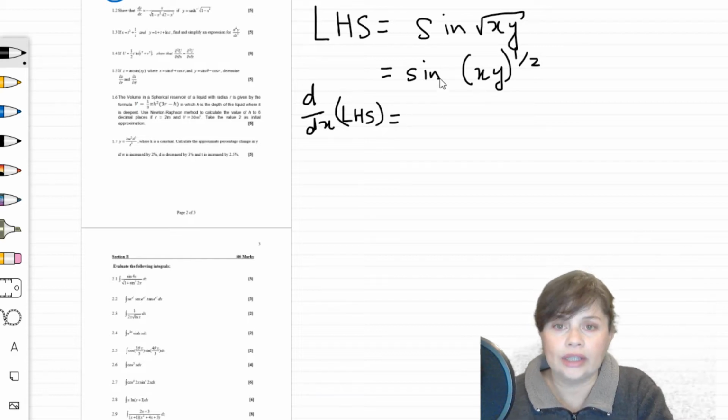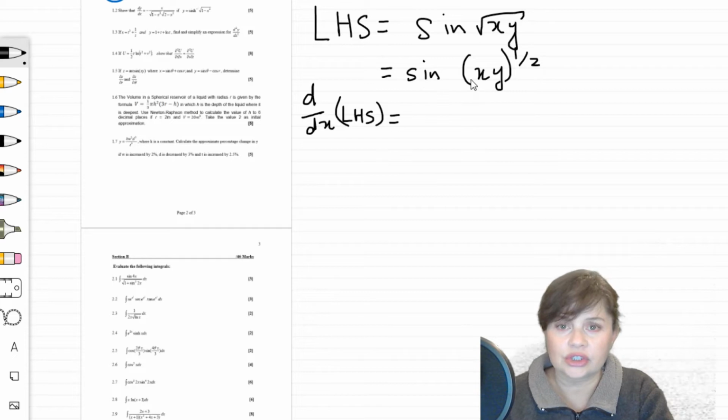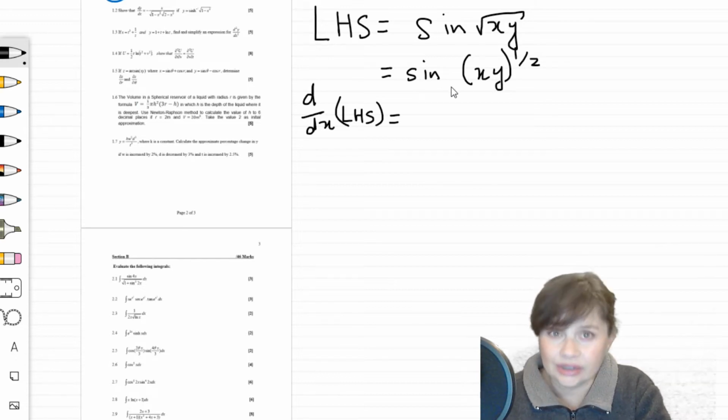If you look at the function that we've got here, there are many parts to it. You have a sine function over here, then you have the half power, which is the square root, and inside of that you've got two other functions multiplied by one another. So you would have to apply your chain rule, because what you've got is effectively layers of functions.